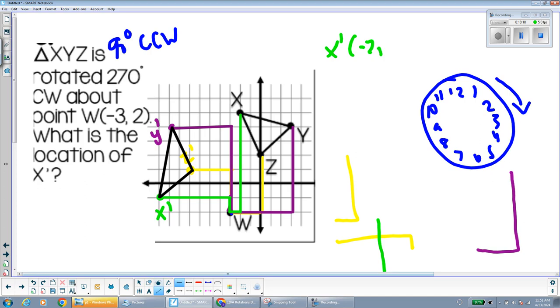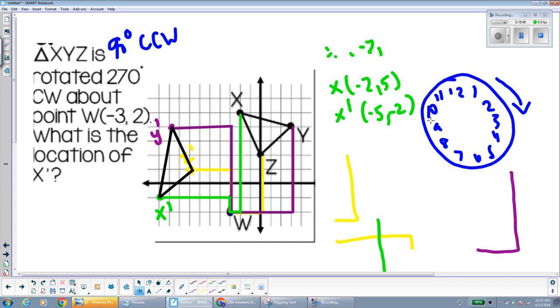Sorry, that's X, not X prime. X is -2, 5. And X prime, -1, 2, 3, 4, 5, 6, became -5, 2.